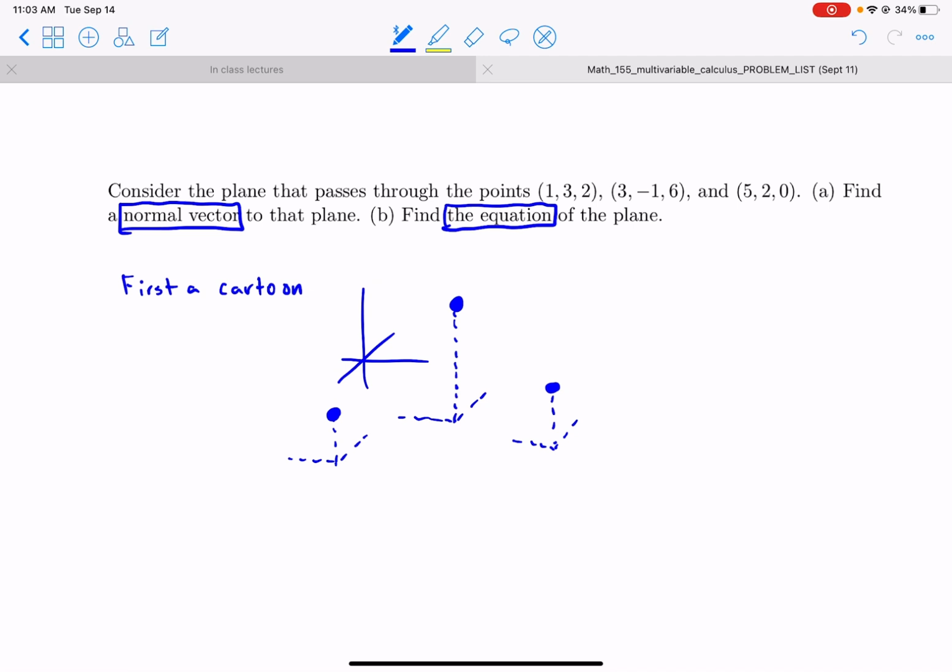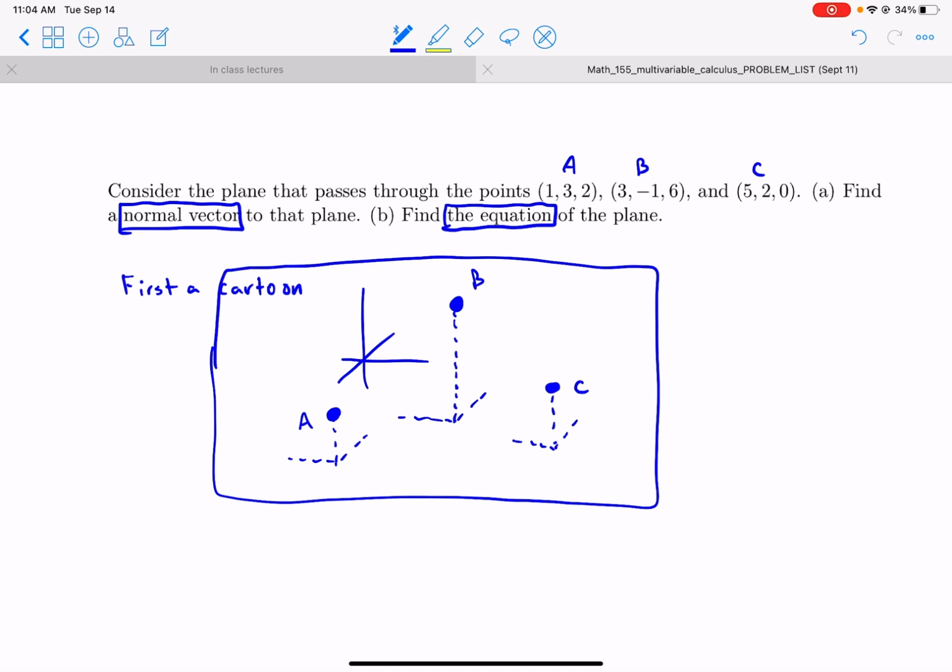Okay, so those are 3 points in 3-dimensional space. And now let's give them names. How about A, B, C? A, B, C. And now there is a single plane that passes through all 3 points.